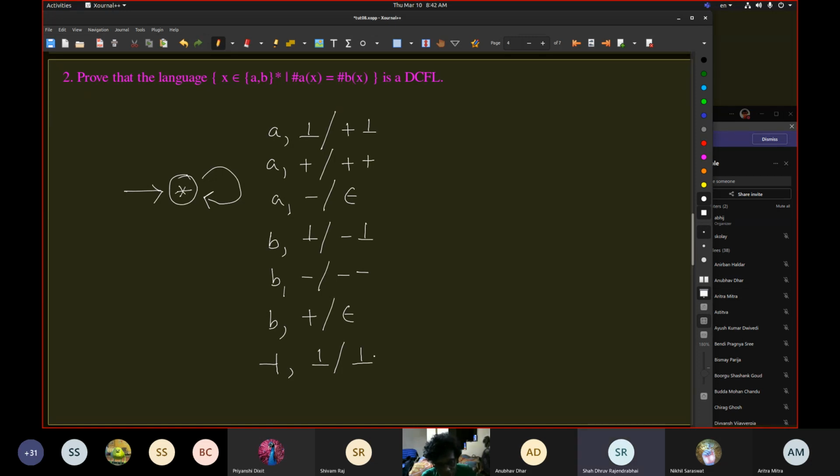Epsilon, bottom marker, epsilon. Okay, fine. Epsilon, bottom marker, some reject symbol. Reject symbol, let us not introduce. Okay, there is a little bit of problem. Of course, we can do this, but I should have some final state. So maybe I convert it this way. This seems fine.